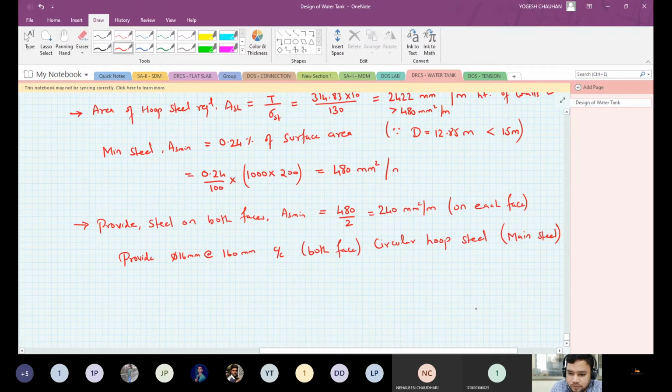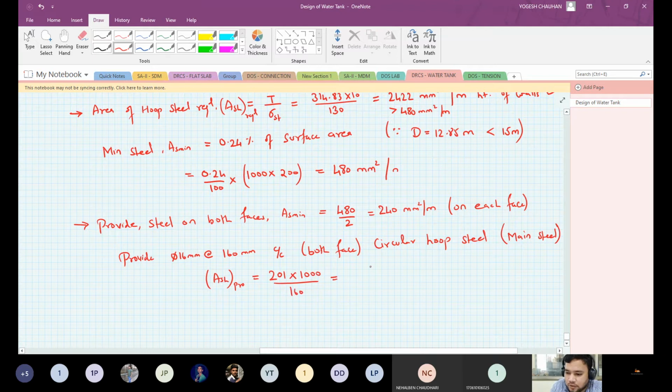So the ASH provided, hoop steel provided, this one is the required. And this provided is equal to 16, area of 16 mm dia is 201, into, for 1 meter width and divided by spacing.